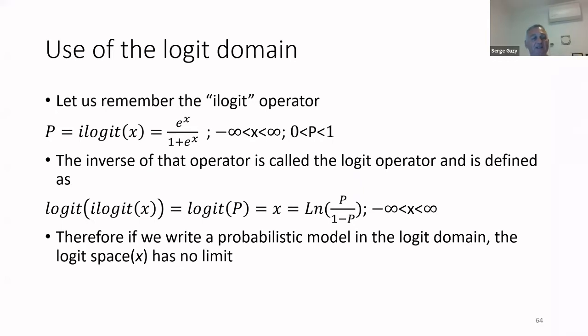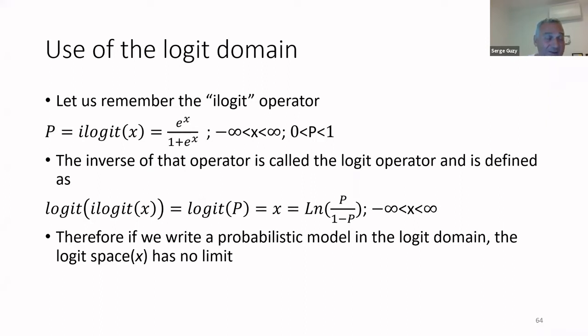Now let's just play a little bit with some functions that are very important to know about. Inverse logit, the inverse of an operator. For example, if I take exponential, I know that the inverse of exponential is logarithm. We know that when you apply the inverse operator on an operator, they cancel each other.